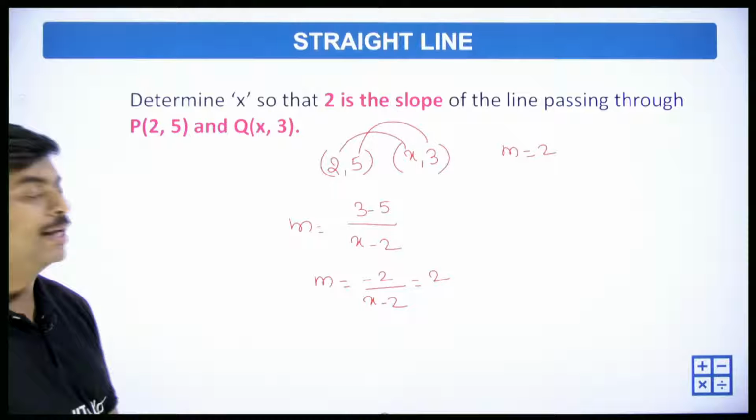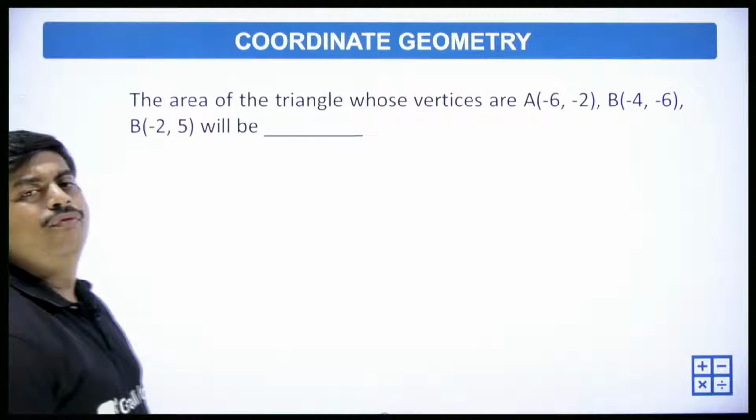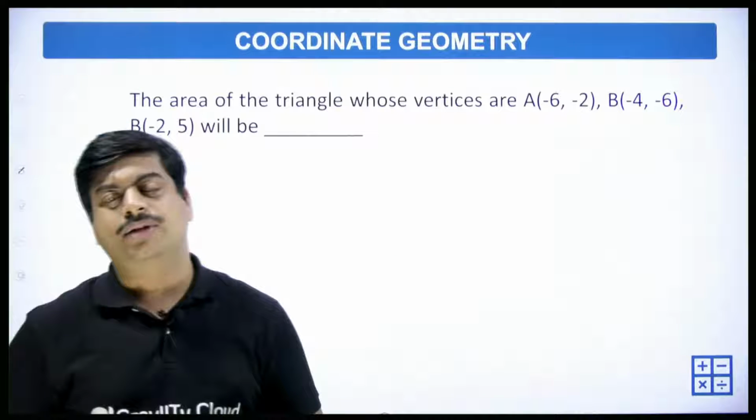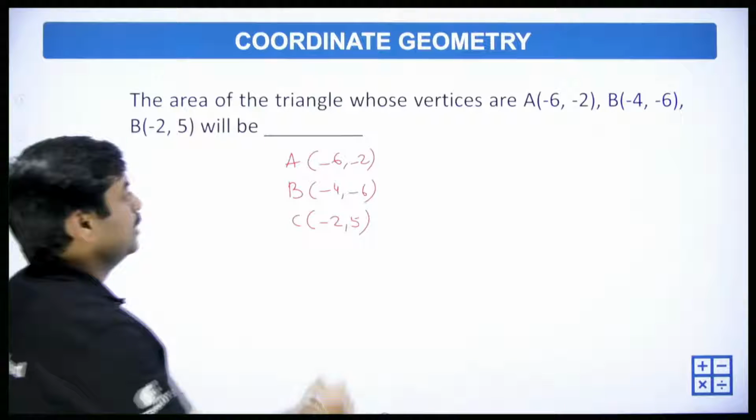Next one. So we have a couple of practice questions. So let's try to practice them. The area of the triangle whose vertices are (-6, -2), (-4, -6), (-2, 5) will be. So A is (-6, -2), B is (-4, -6), C is (-2, 5). So we need to find the area, where these are x1, y1, x2, y2 and x3, y3.